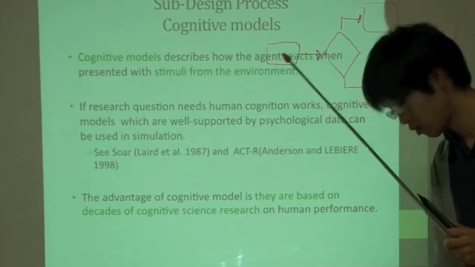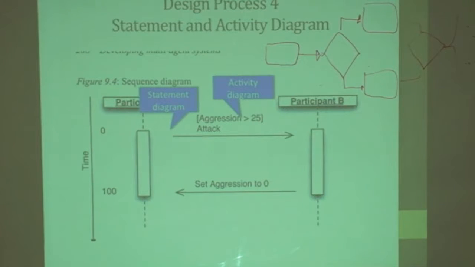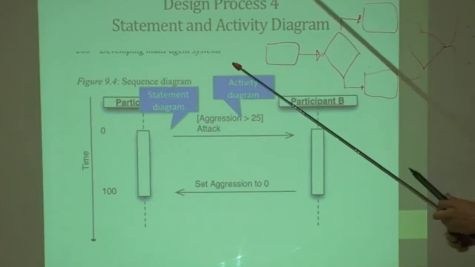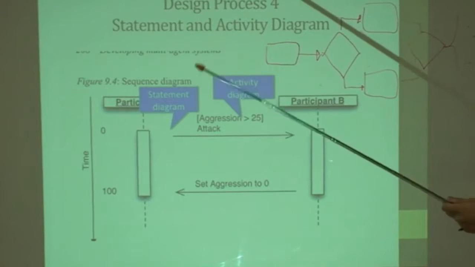Can you explain the chart in a real world manner? Real world manner? What does this mean? This one? If aggression is larger than 25, then attack.